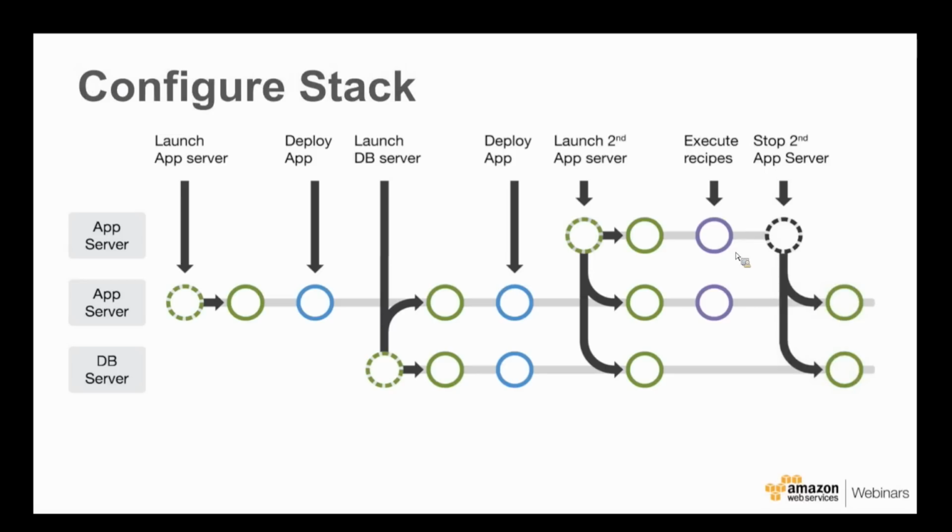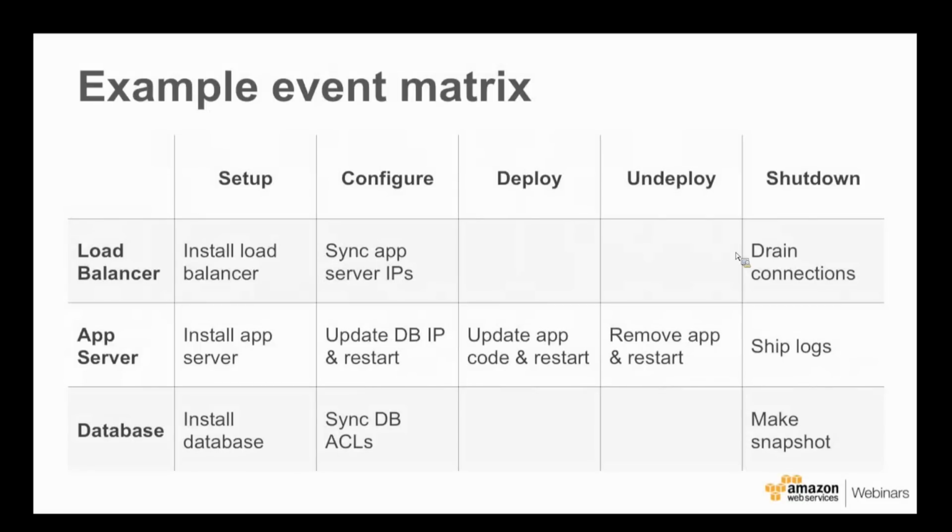And the configure events then clean up configuration. Like I said before, if you manage the access control list for the database with the configure event in the database layer, your database will now remove the one IP address it doesn't need to grant access to anymore. So that is the basic idea of the lifecycle events and having different, separate layers.